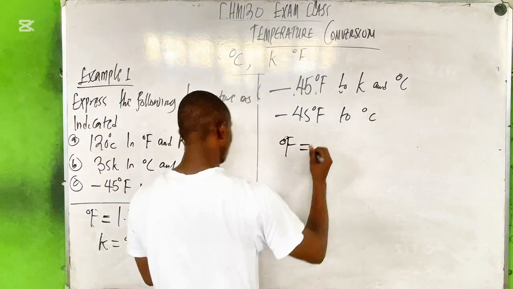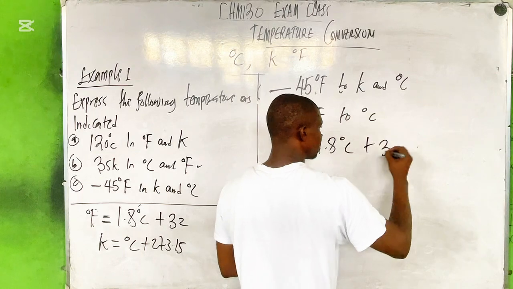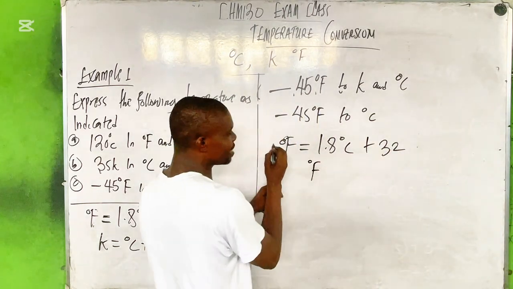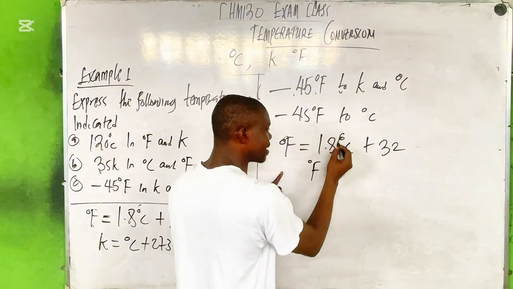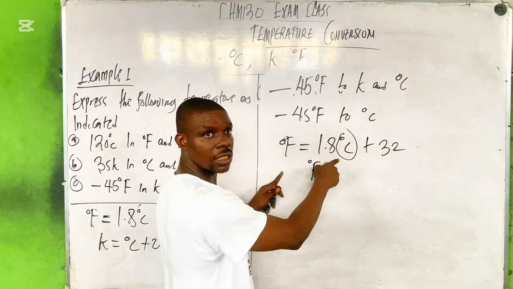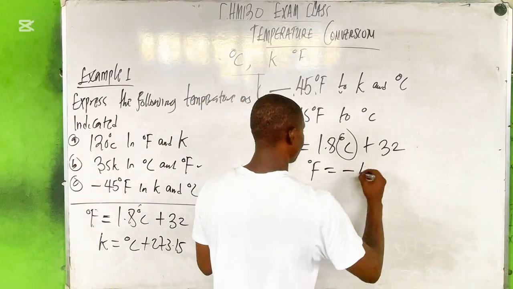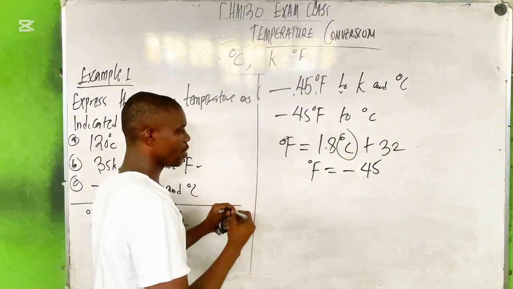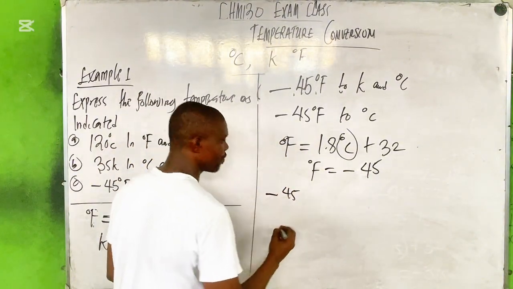Fahrenheit equals 1.8 times degrees Celsius plus 32. Now here they gave me the Fahrenheit scale, that is, they gave me this guy here, and I am looking for the Celsius one. So it's going to be minus 45.